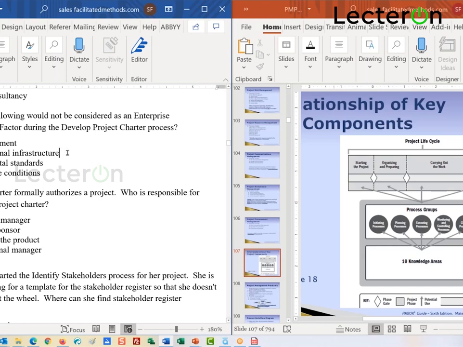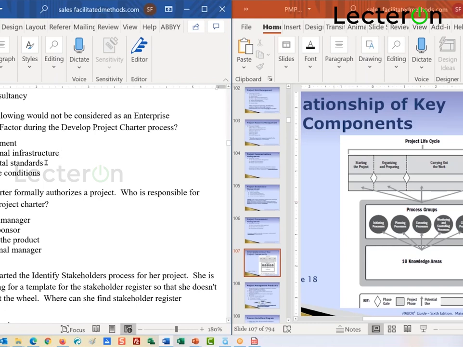Where are you getting your organizational infrastructure from? The project? You're getting it from the organization itself. That is an EEF that is coming internal to your organization, but external to the project.